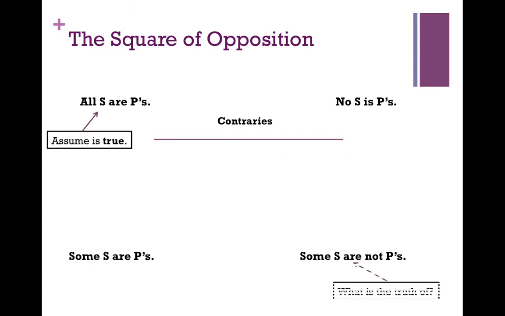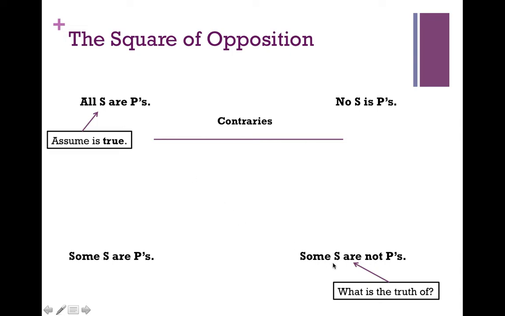Okay, so let's continue, and we're going to move along this little square we have here. It's called the square of opposition, if you hadn't figured that out from reading the top. But let's assume that an A form proposition is true. Now let's move down here to an O form proposition. What can we know about this? So let's assume that all students are smart.